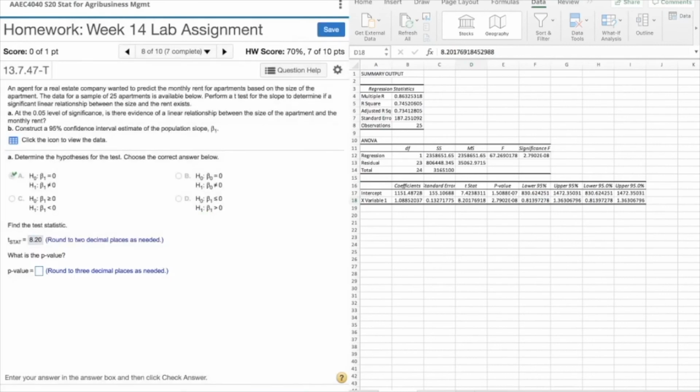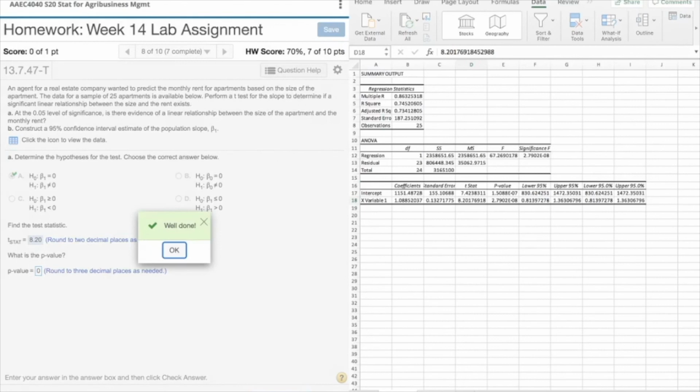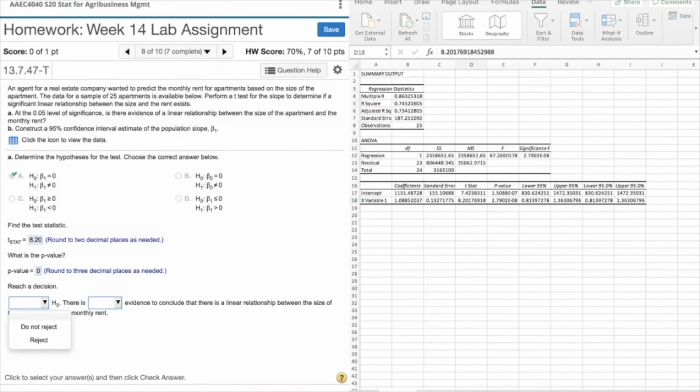So what's the p-value? The p-value is also shown in the results. So we get that the p-value is very, very small. So I think here we can just write 0, because E negative 8 means it is extremely small.